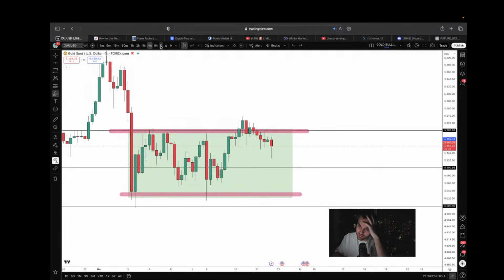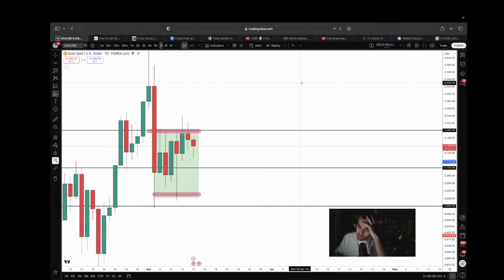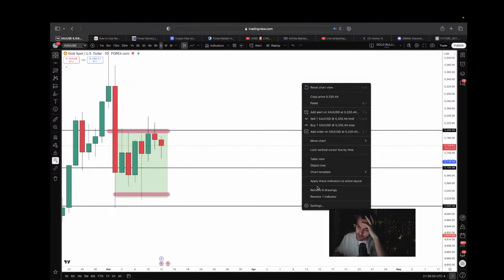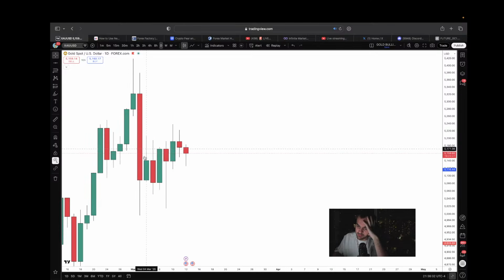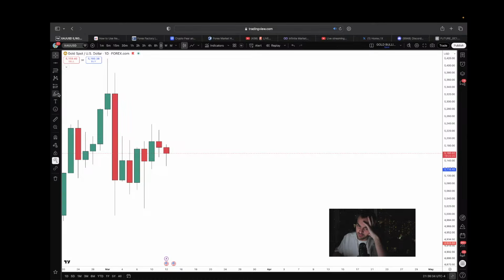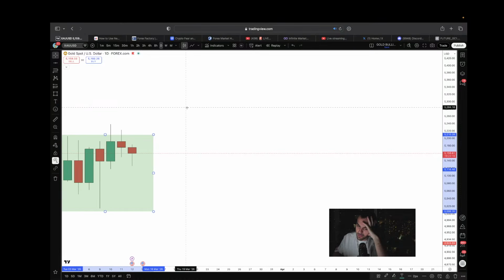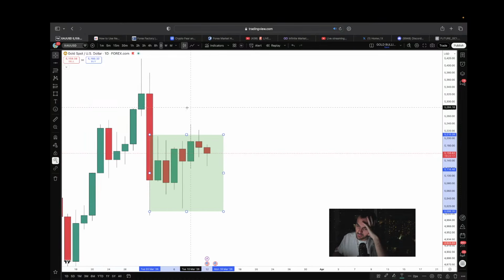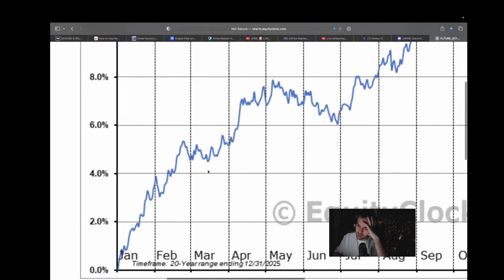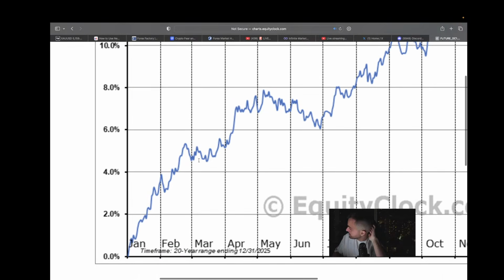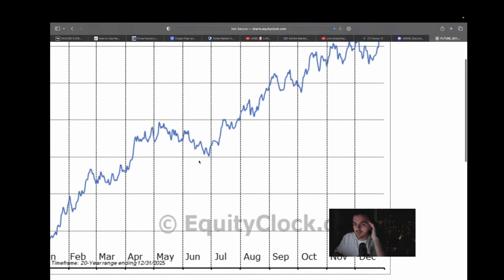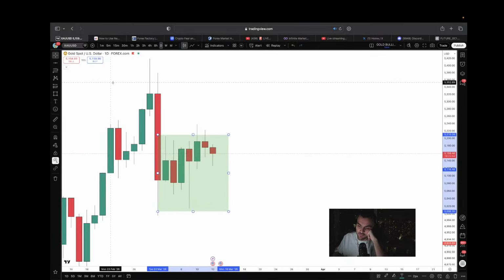Even on the daily, beginning of March it dropped obviously, and ever since that drop it's just been kind of sideways. We could be in that March phase potentially. Maybe there's a push up in April for that swing, for that bigger move, for a rally.